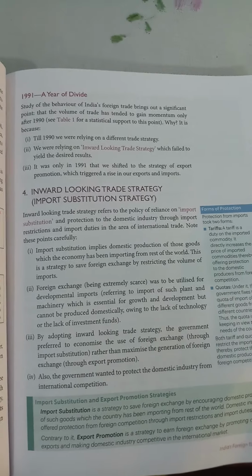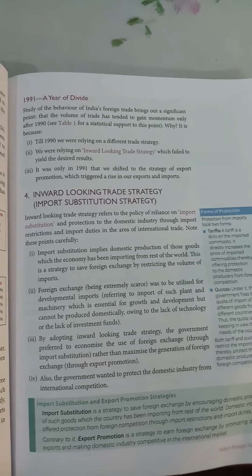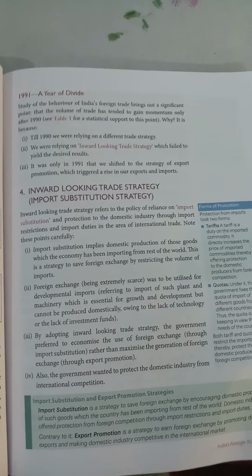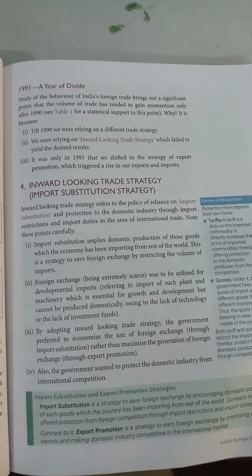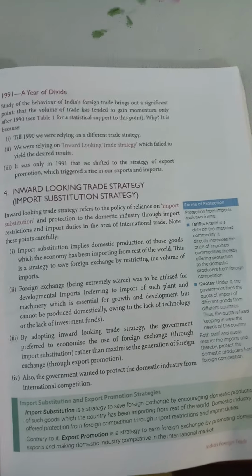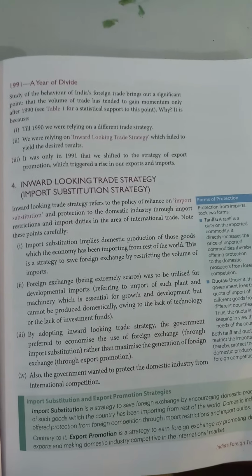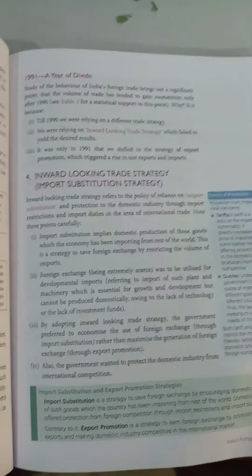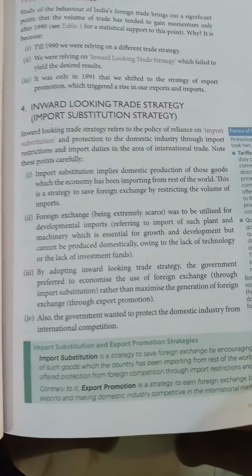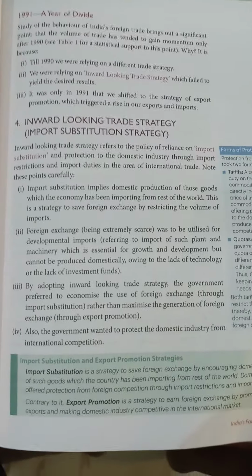Generally, the countries from abroad keep their prices low and make efficient goods, because of which our domestic industries have to suffer. That is why we have to protect our domestic industries. So how to protect our domestic industries from abroad countries is what is called import substitution strategy.